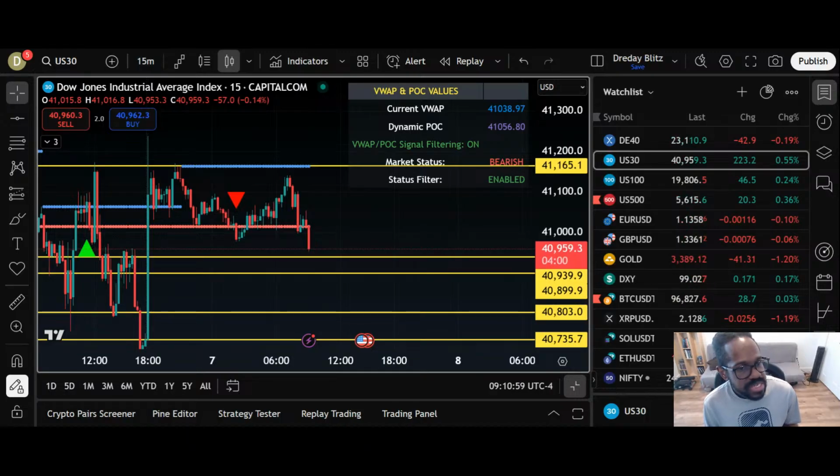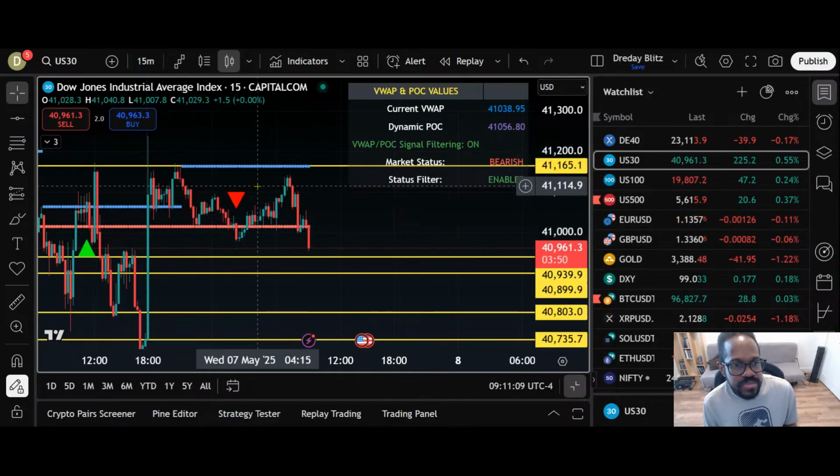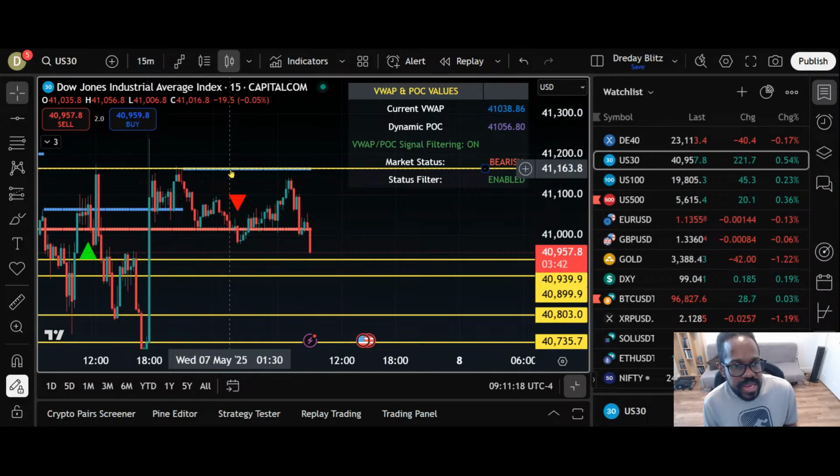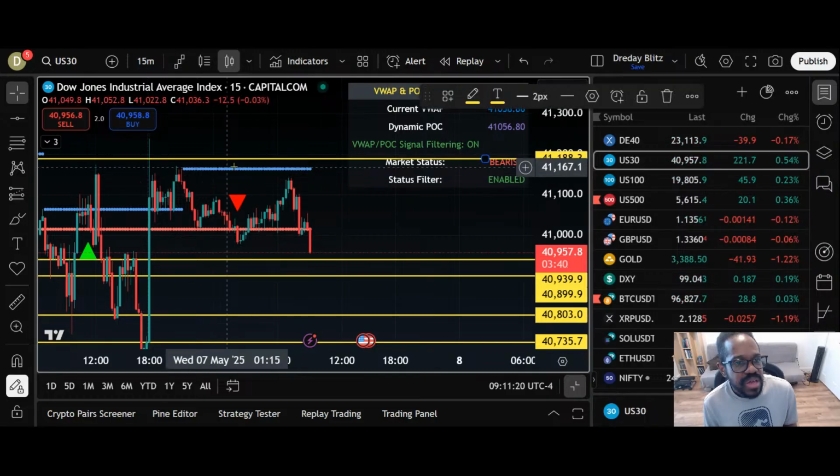So what I was explaining is that we had a sell here on US 30 on the London session, and we had a retracement here, and that was the stop loss I said to put because of that level. We had a support level here, a resistance level here.